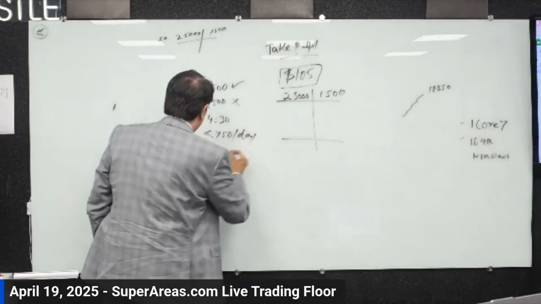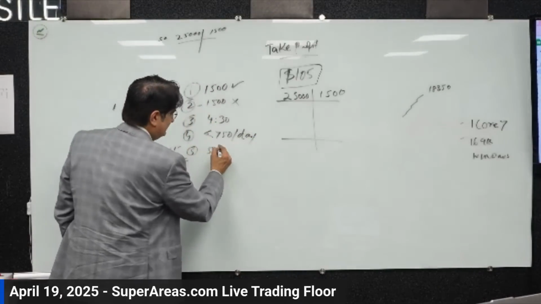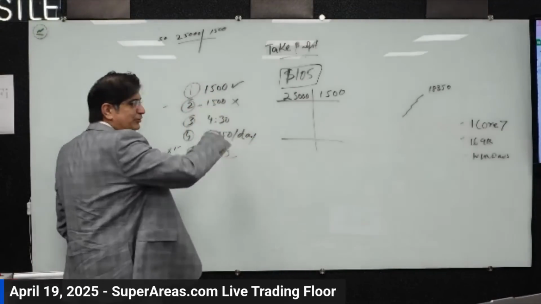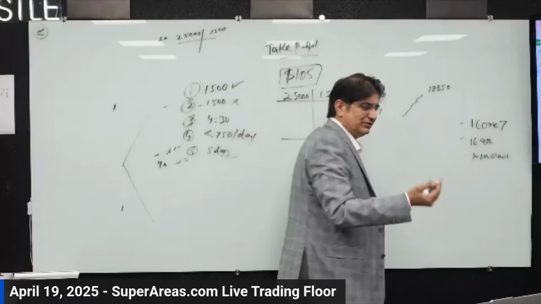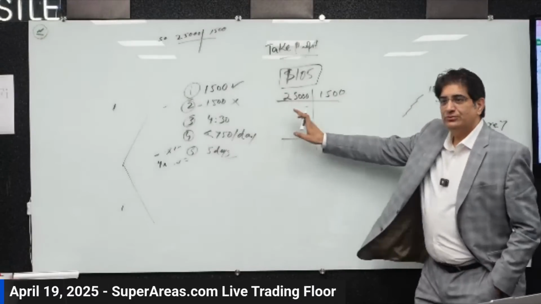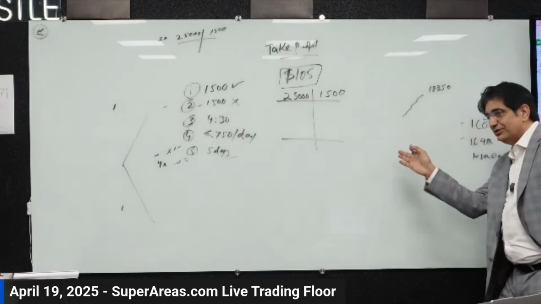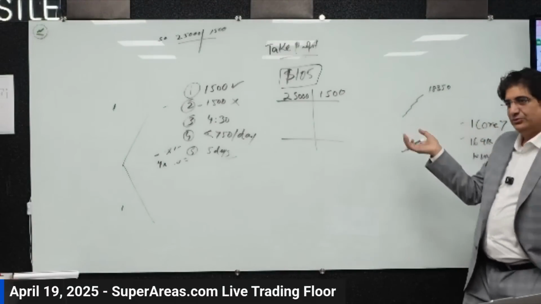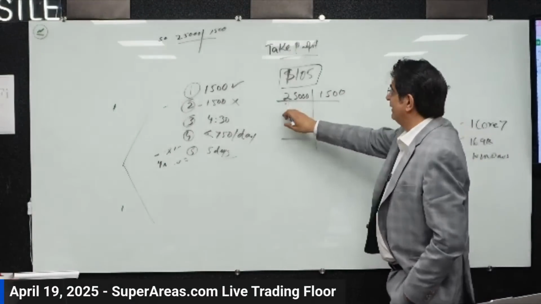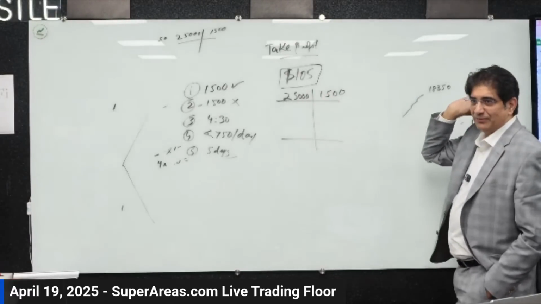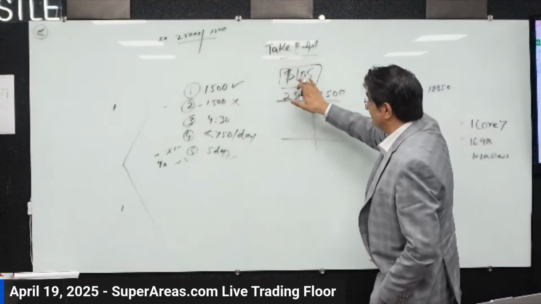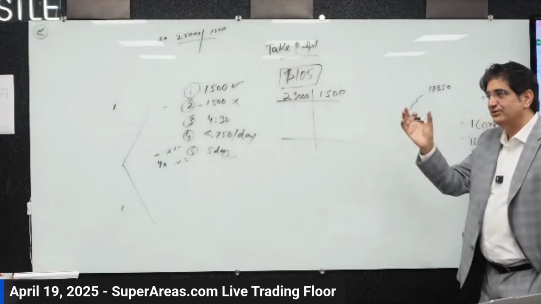And number 5, 5 days. So these are the conditions. If you pass this, just like Legends or Bullnox, round 2 is no fees. So whether you want to do an EA, you can do attempt and you can do it the same way. If you manage to pass, you have a lifetime account. So 105 is really a steal for a 2.